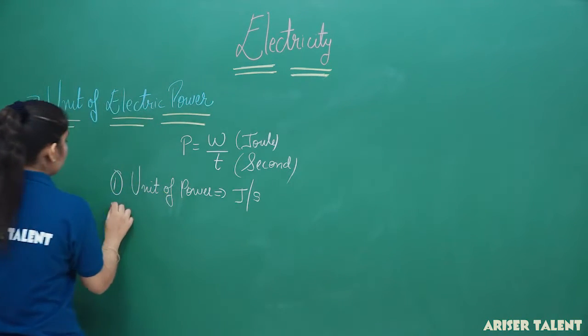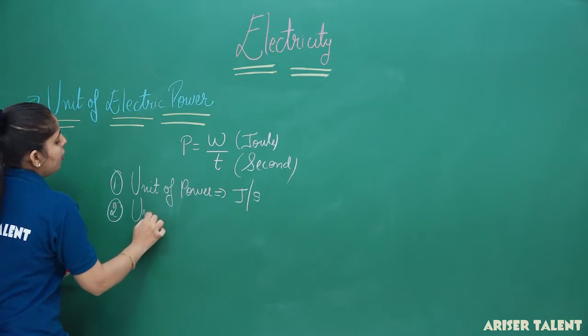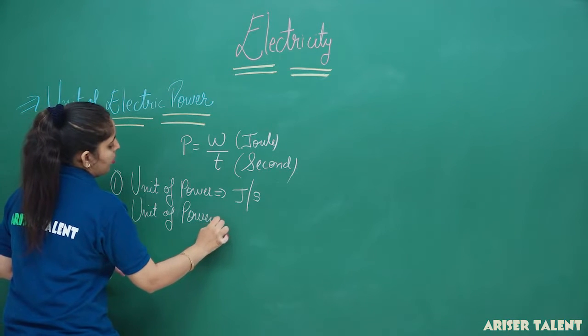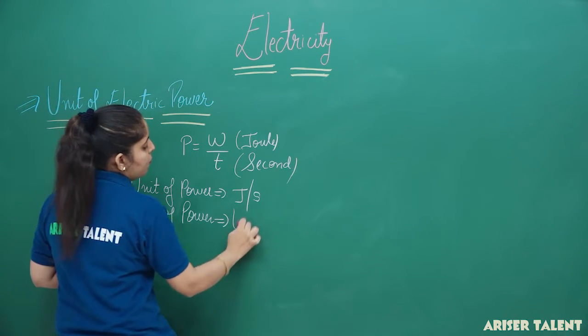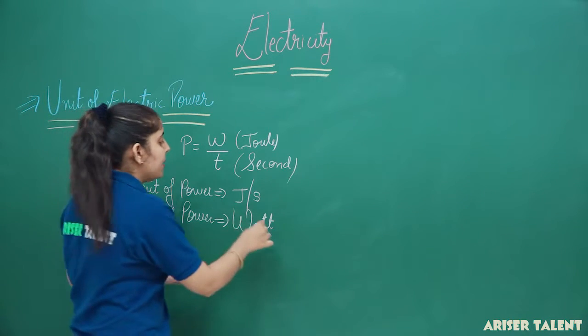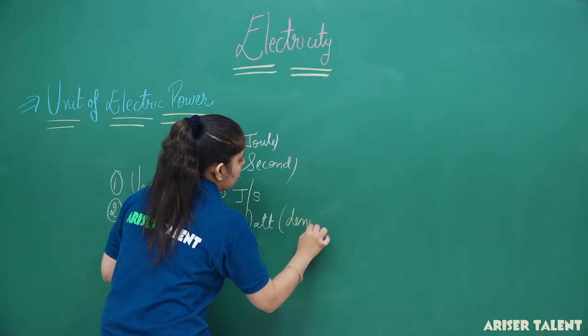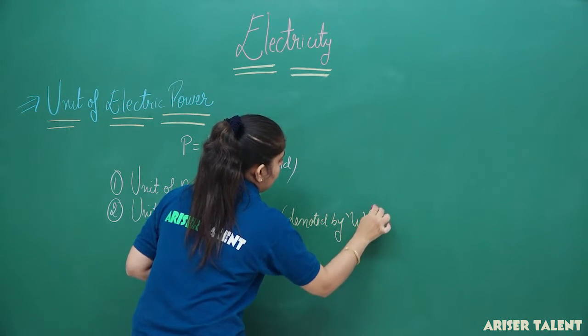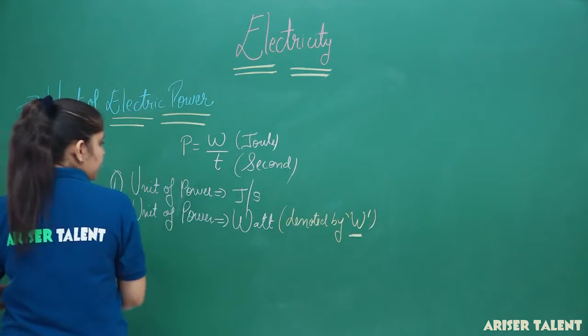So the unit of power is watt, and this watt will be denoted by W.